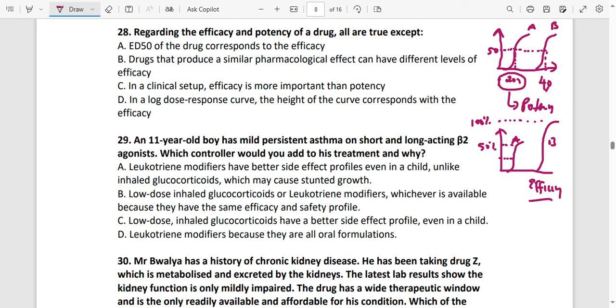Which one is not true about the efficacy and potency of a drug from the options here? Anyone?